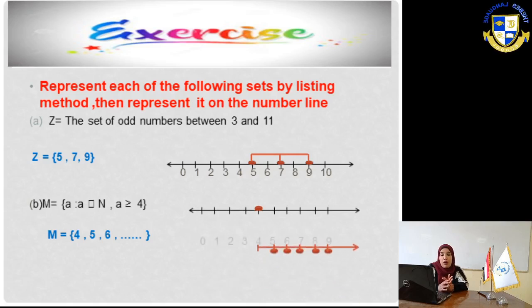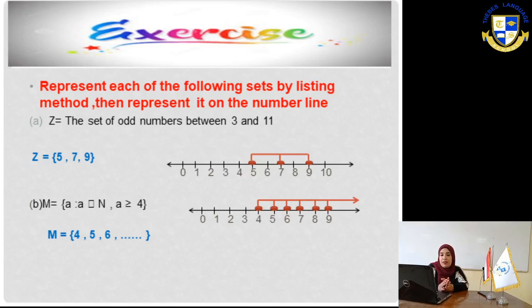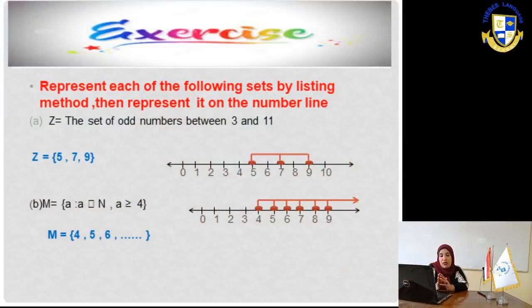It will be 4, 5, 6, 7, 8, and so on. I started from 4 because I have the sign greater than or equal, and this set is all the elements which belong to N, so it's an infinite set. So you will put the dot from 4, 5, 6, 7, and so on, and make an arrow, moving to the right. It's an infinite set.